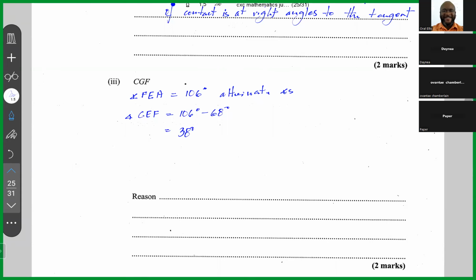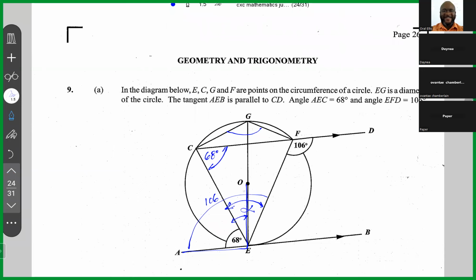All right, so the entire angle in here is 38 degrees.